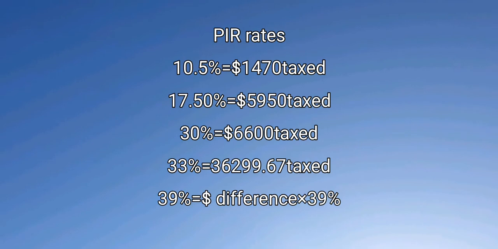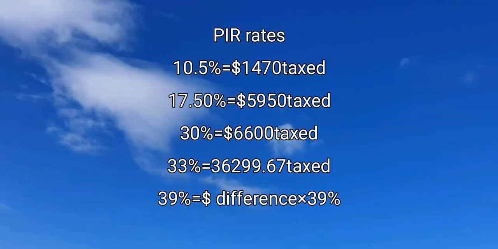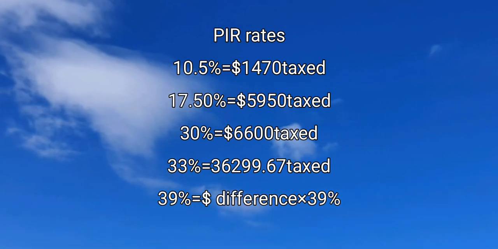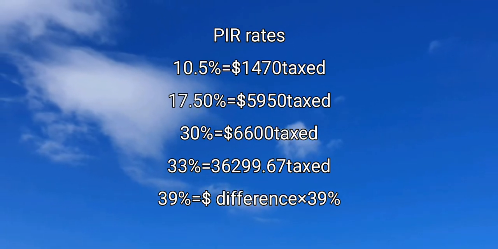Okay, let's review. At the 10.5% tax rate, you will be required to pay about $1,470 in tax. At the 17.5% tax rate, you'll be expected to pay about $5,950 in tax.